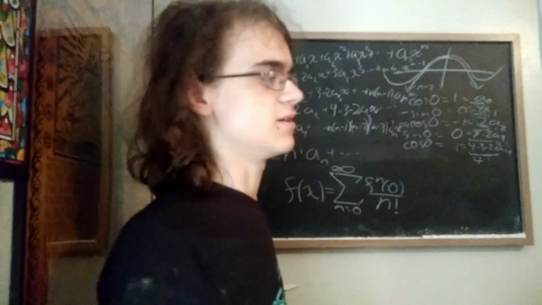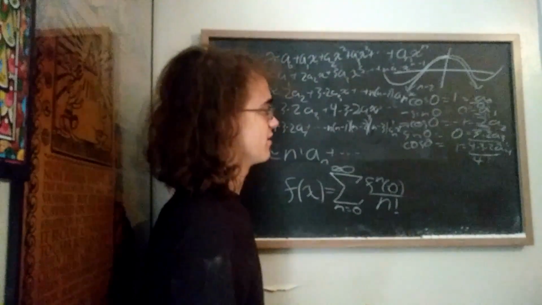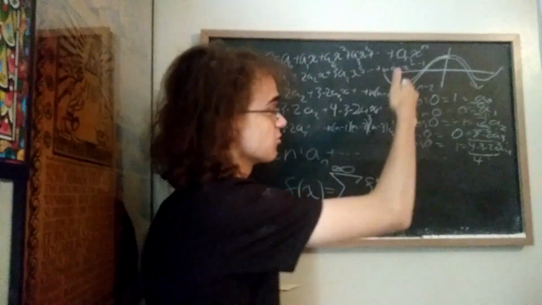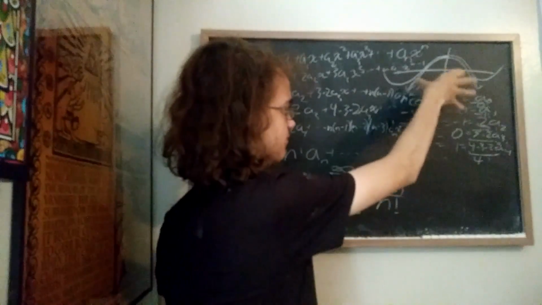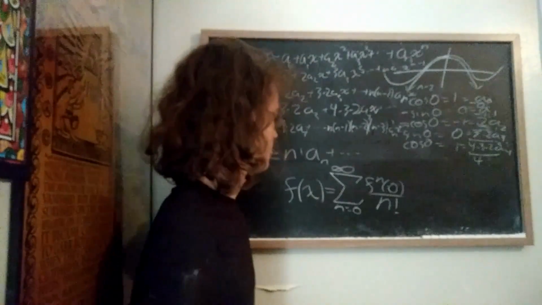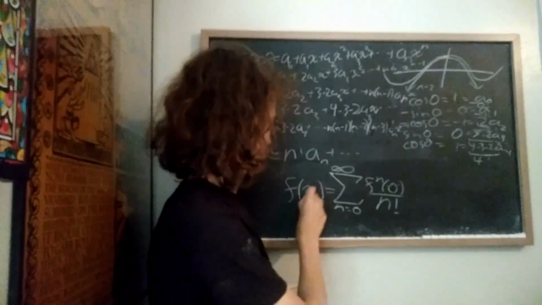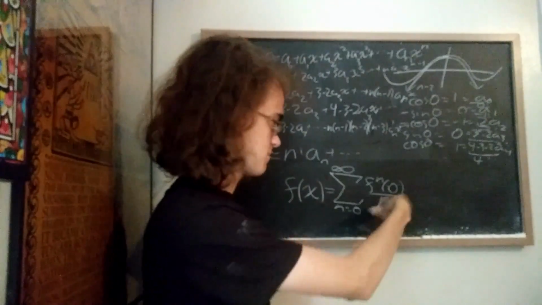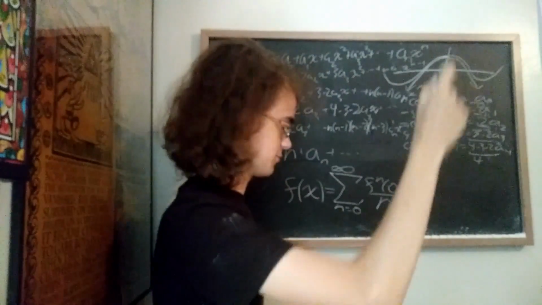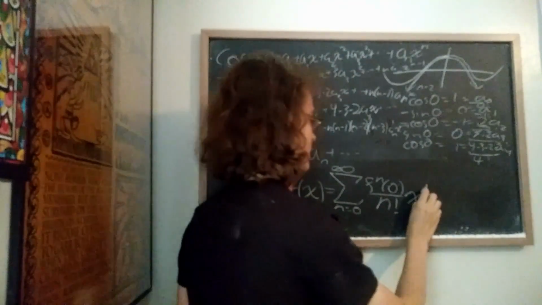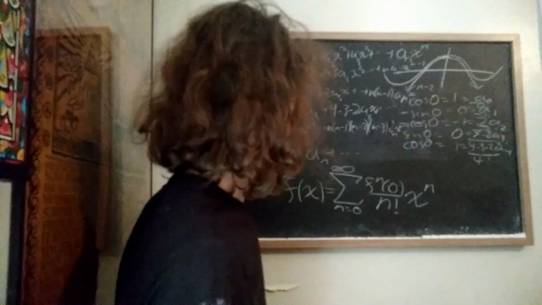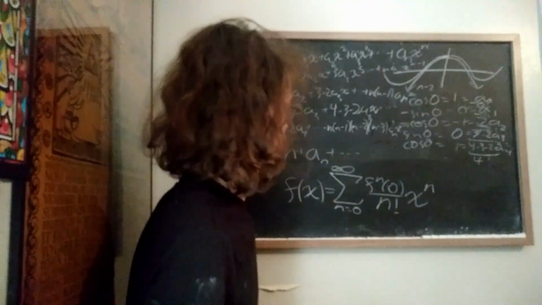If you look at the Taylor series for sine, it's actually the opposite. It's only the odd terms that get added. But for general functions, it can be any of the numbers, and each of those terms gets multiplied by x to the n, and so that's what's known as a Taylor series.